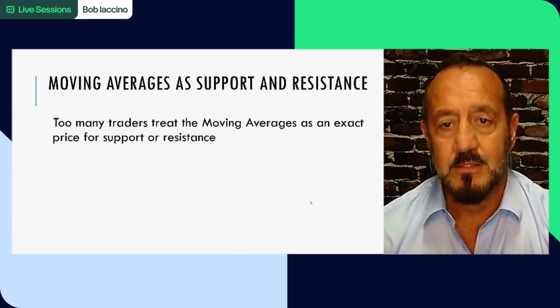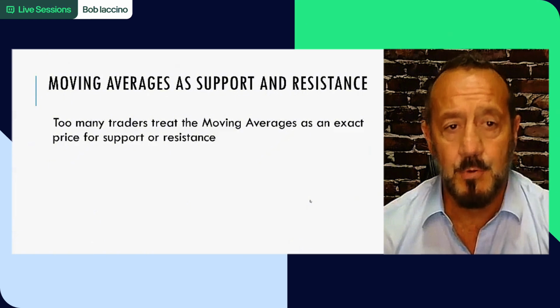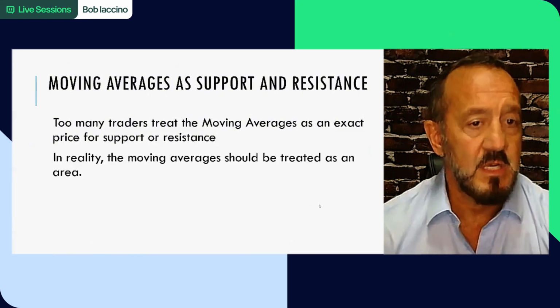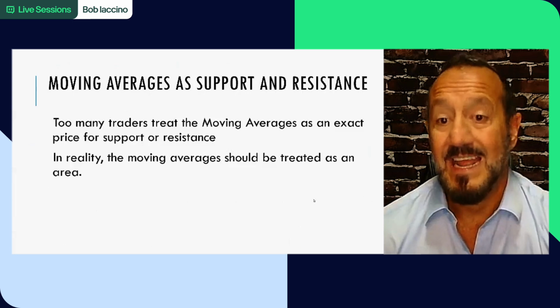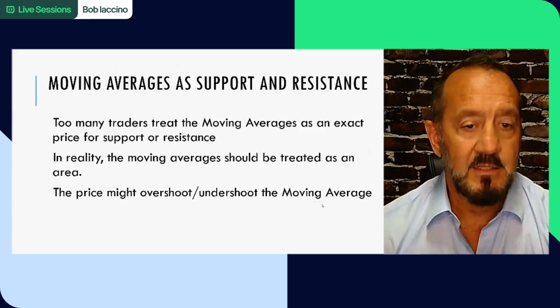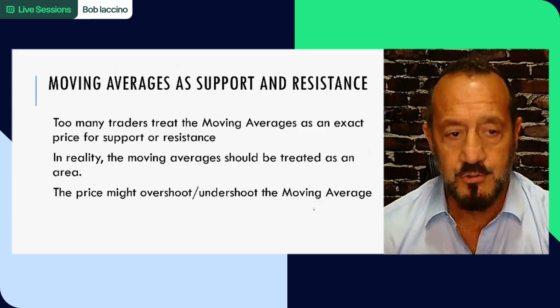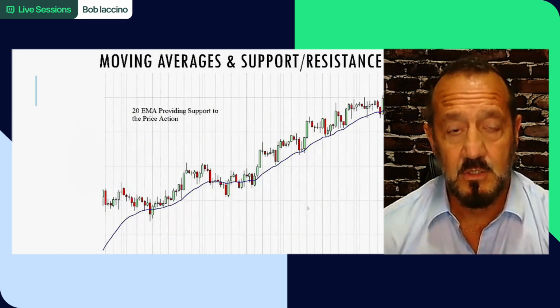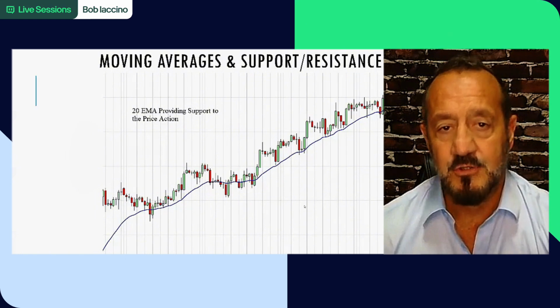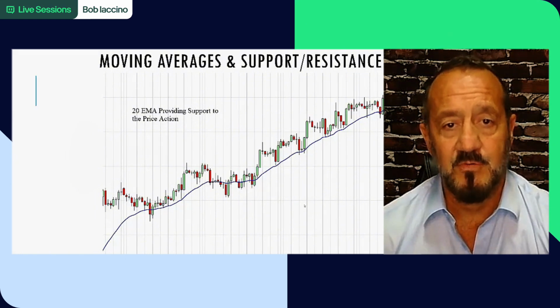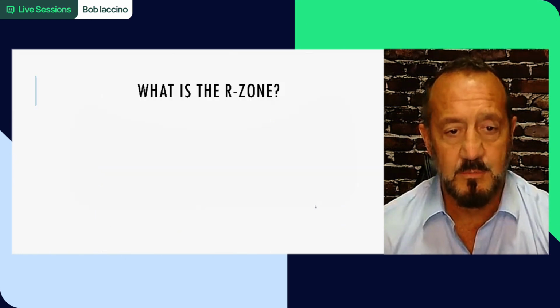Too many traders treat the moving averages as an exact price for support or resistance. In reality, the moving averages should be treated as an area. The price might overshoot or undershoot the moving average. Here's an example of a 20-period exponential moving average providing support and resistance to price action.